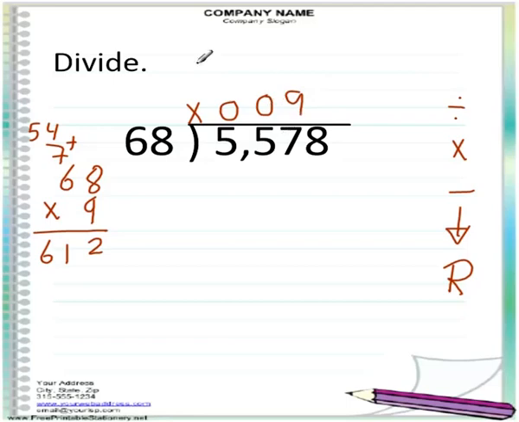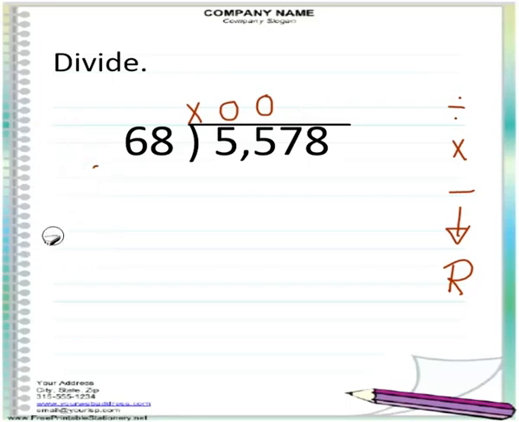We will take 8. So I will erase the 9, and I will write 8 instead of 9, because when we multiplied 9 by 68, the answer was greater than this number. Now let us try 68 times 8.